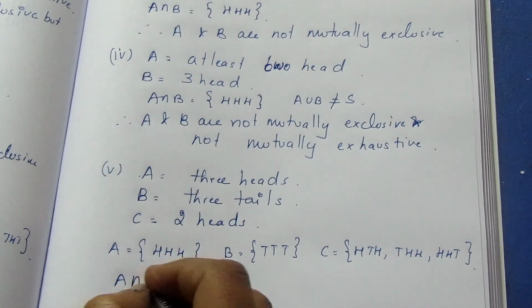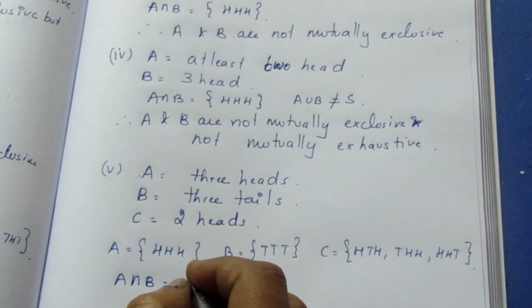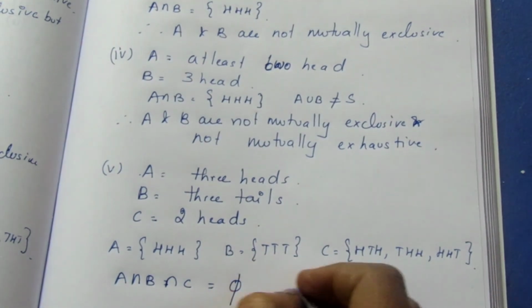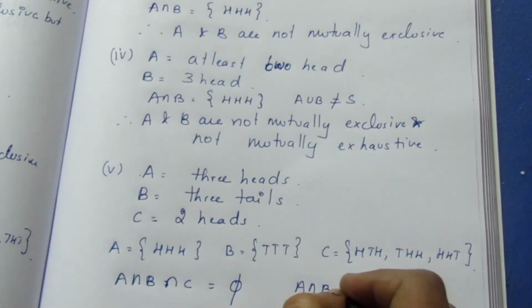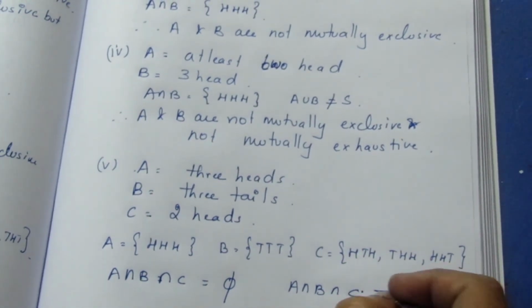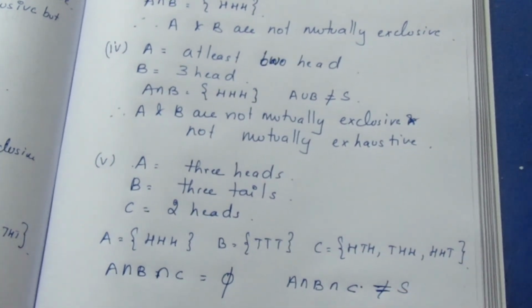And A intersection B intersection C is a null set, and A union B union C is not equal to the sample space.